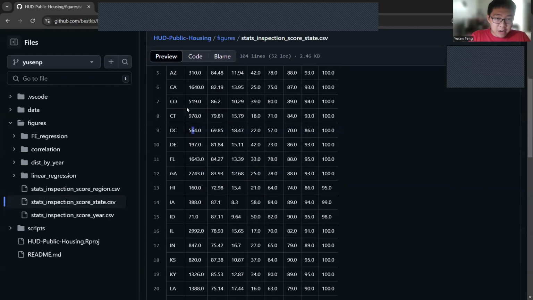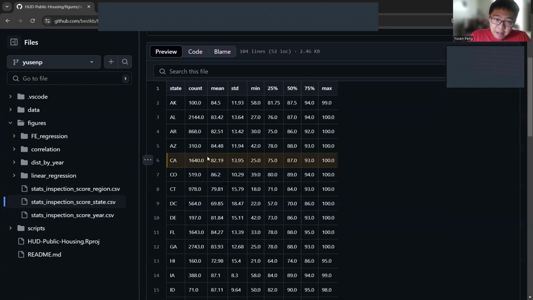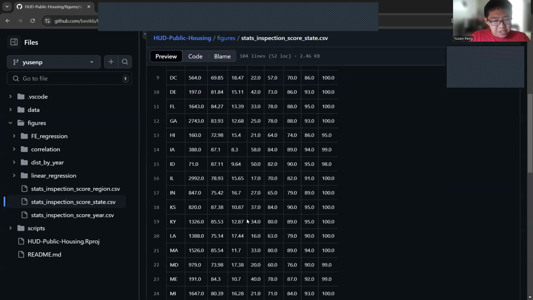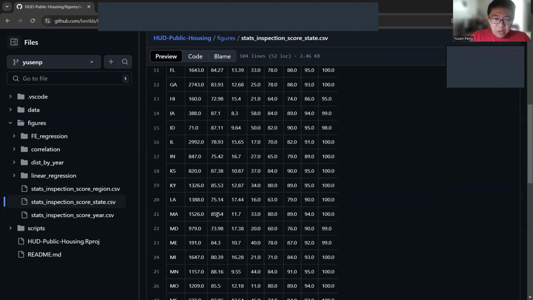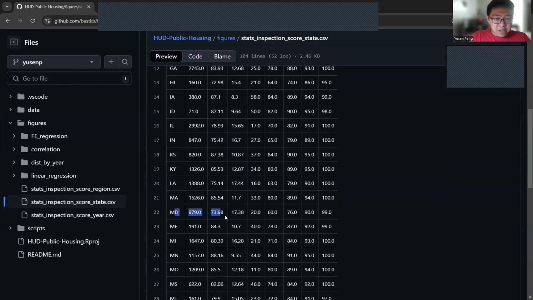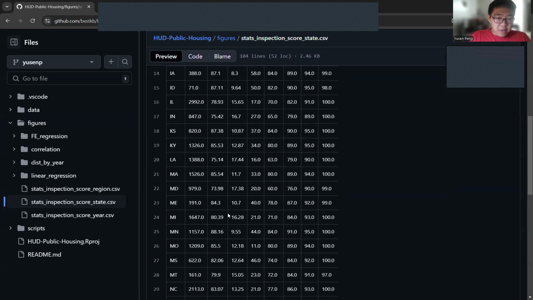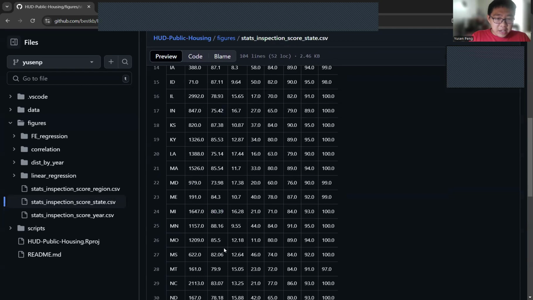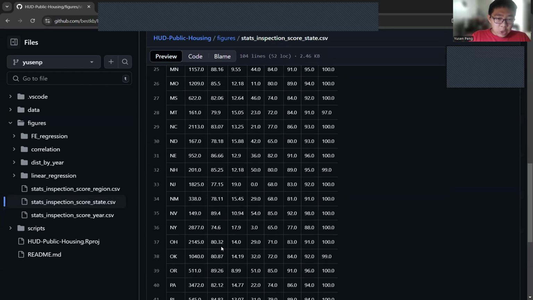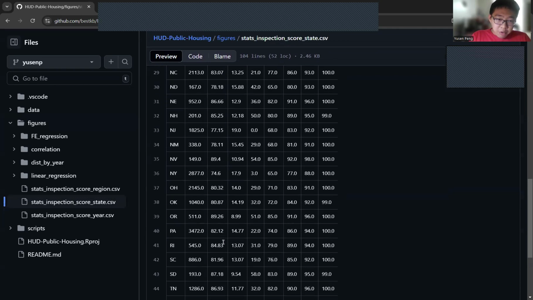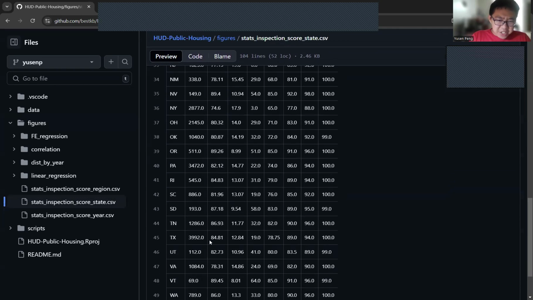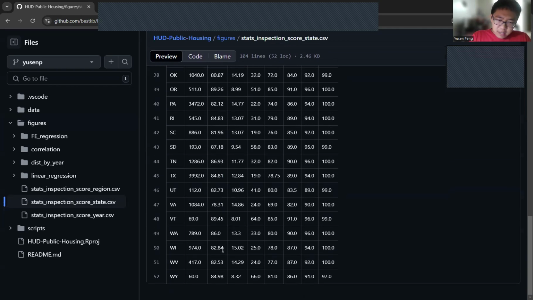Let's say for California, the mean value is like 82, and for some other states, Madison is 73, Michigan is 80, Ohio is 80, Texas is 84, and so on and so forth.